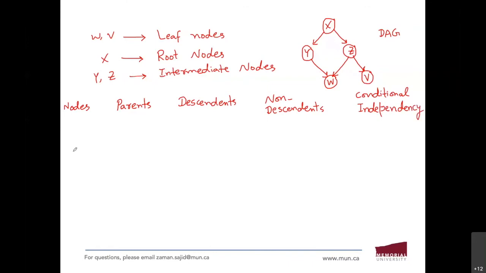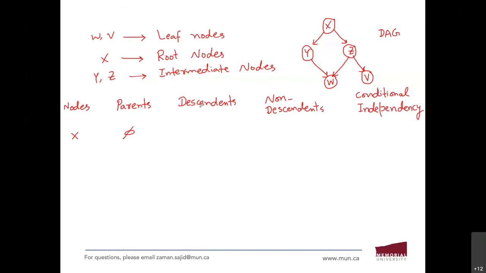So let's start with the node X here. As you can see in this network, X is my root node, so it does not have any parent. So it's an empty set. This is the symbol you use for the empty set.